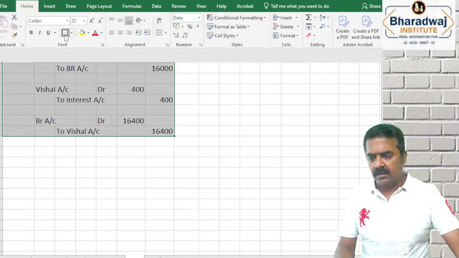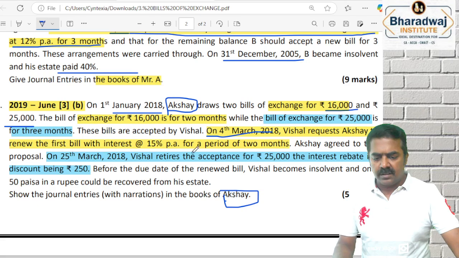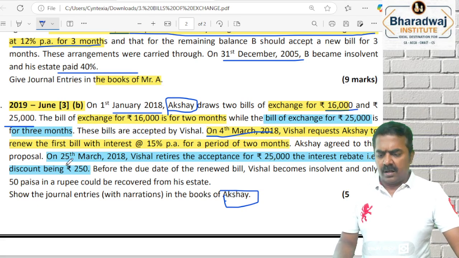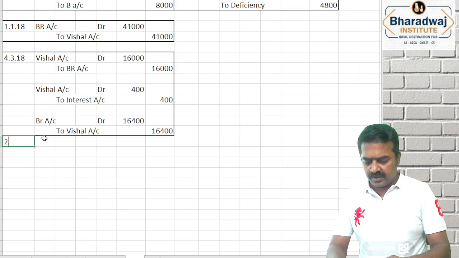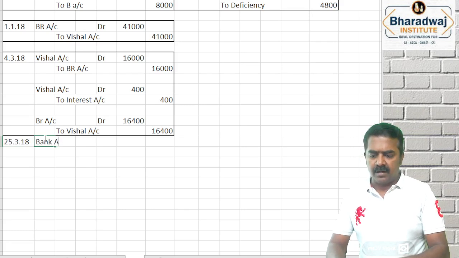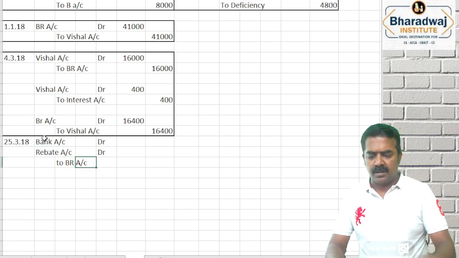Then what happens? On 25th March, Vishal retires the second bill. What is the entry you will pass? Bank account debit, rebate account debit to which account? Bills receivable account.